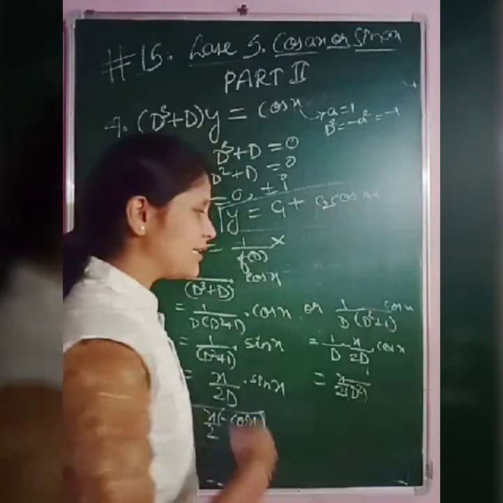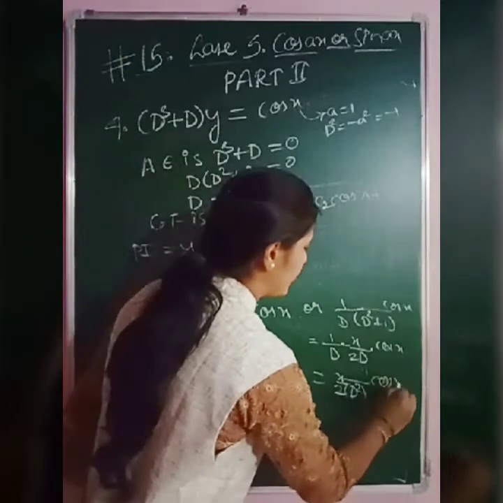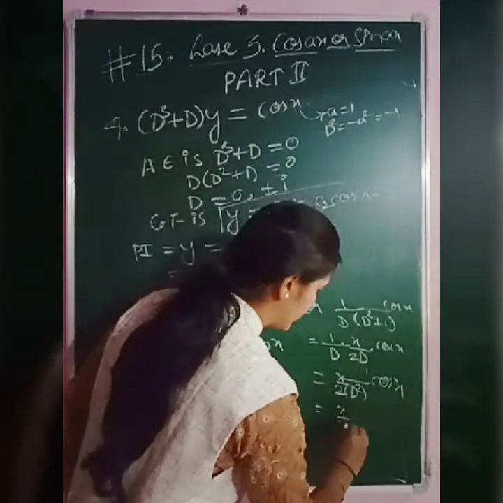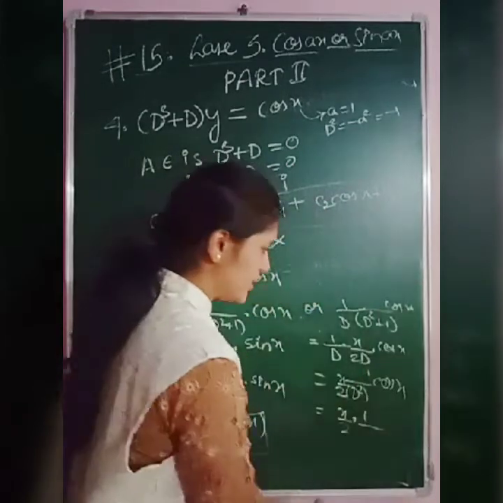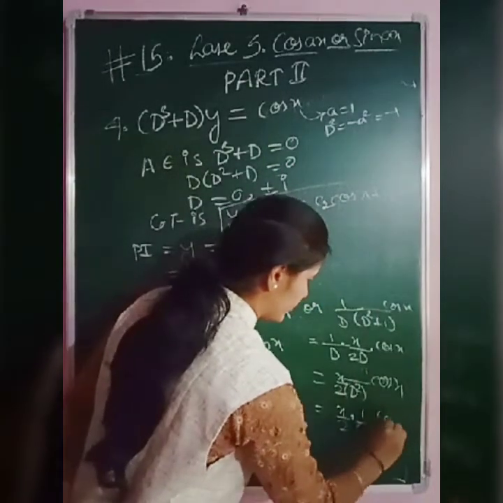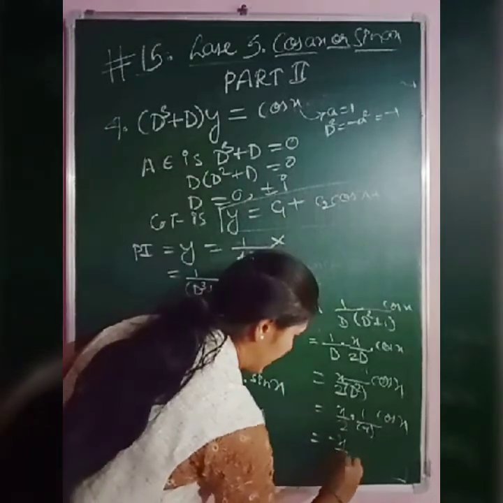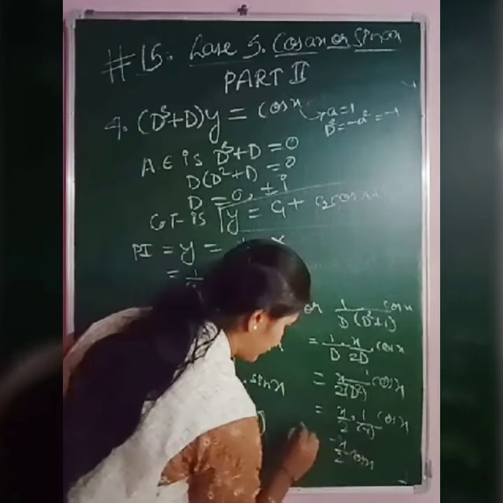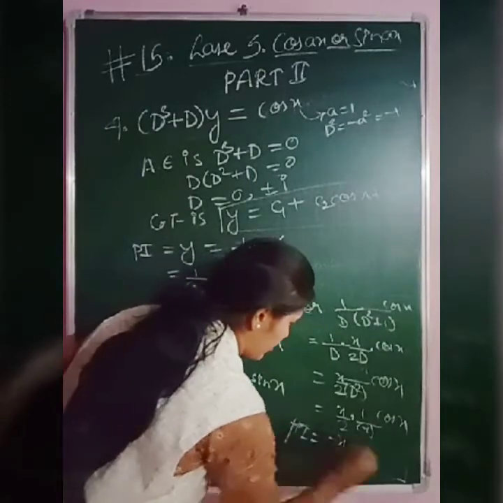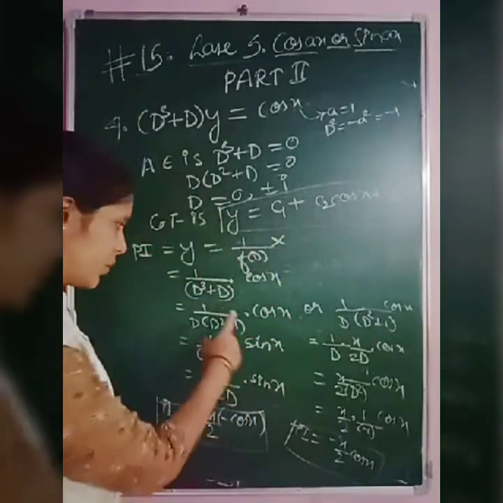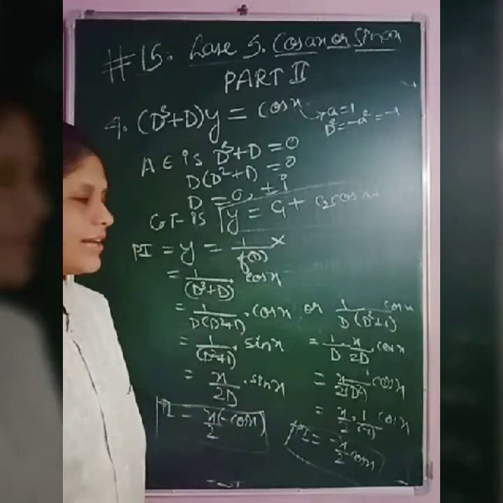So, wherever D square is there, directly what we can do? A square, that is x by 2. 1 by D square minus a square is minus 1 cos x. So, even this gives minus x by 2 cos x. Right? So, if you find this easy, you can solve like this.